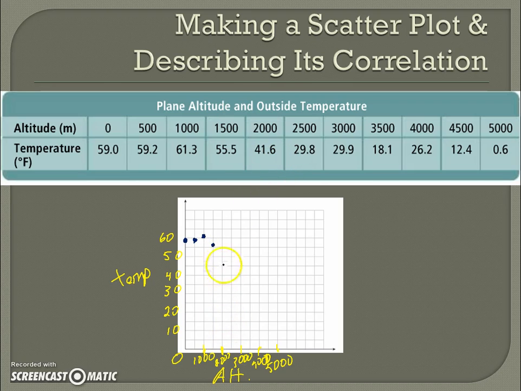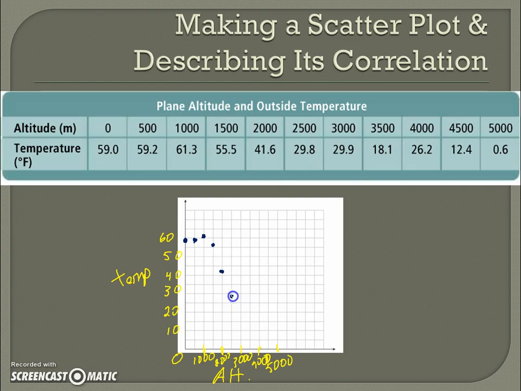2,000 is going to be at 41.6, so I'm starting to drop a little bit here. You can see. And then at 2,500, I get about 29 point, let's see, are my things right? 20, 30, yeah, 40. That's good. 29.8.